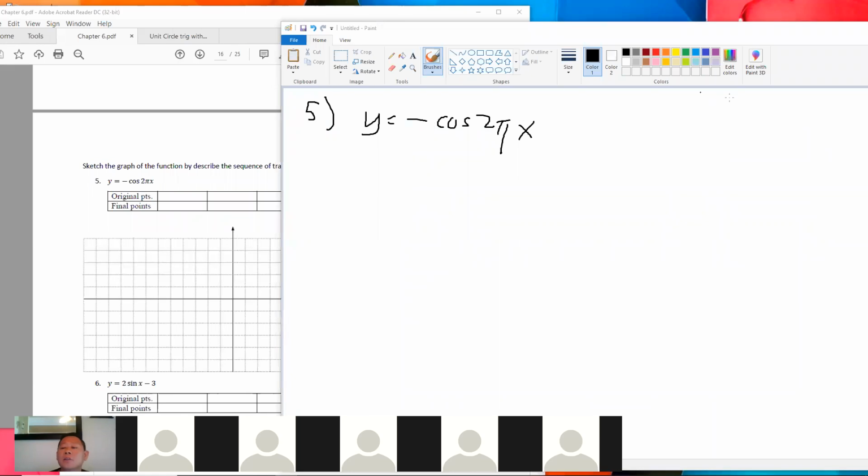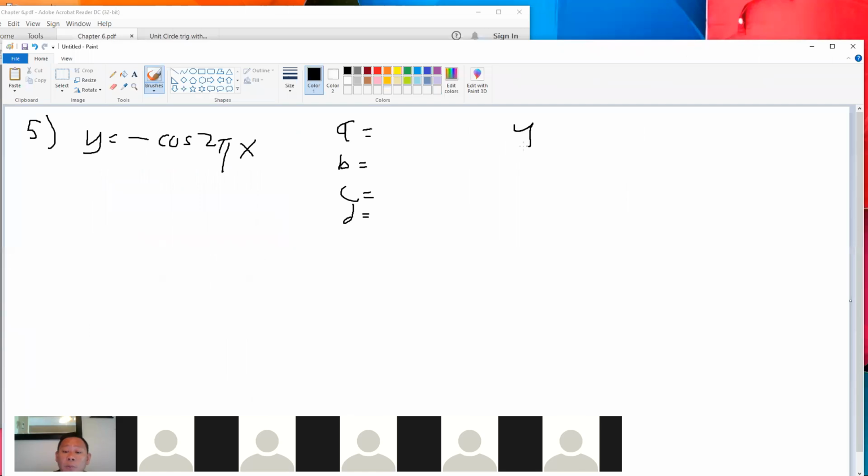What we need to do first is figure out what your A, B, C, and D are. Don't forget the formula that we compare here is y equals A cosine of bx minus c plus d. So this is the formula. Can someone tell me what your A, your B, your C, and your D are here?